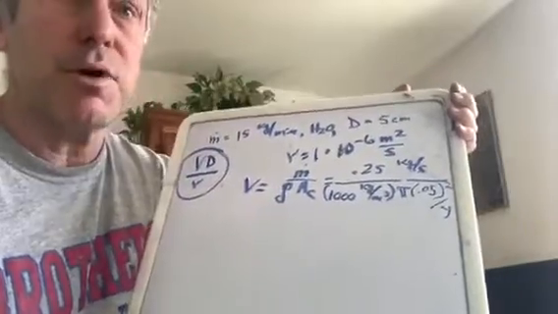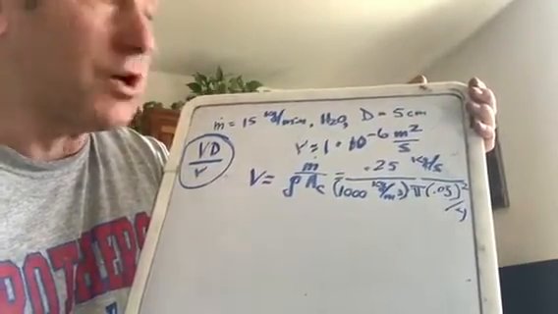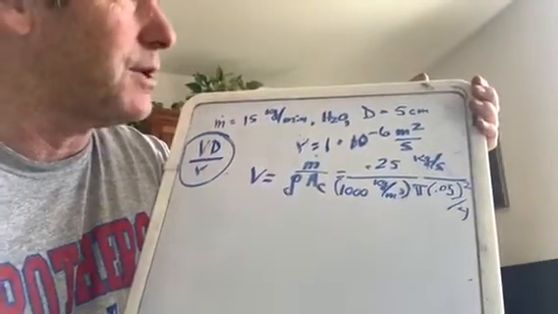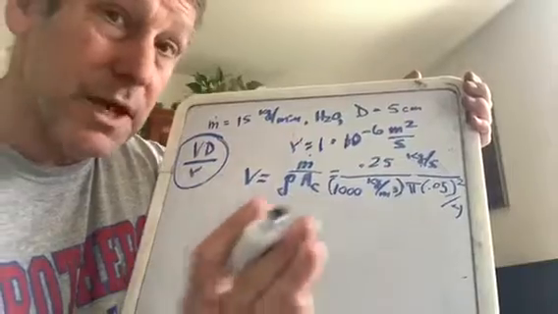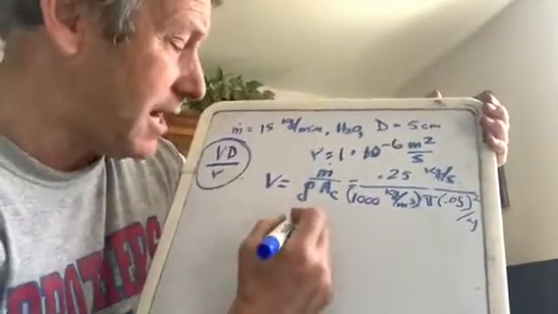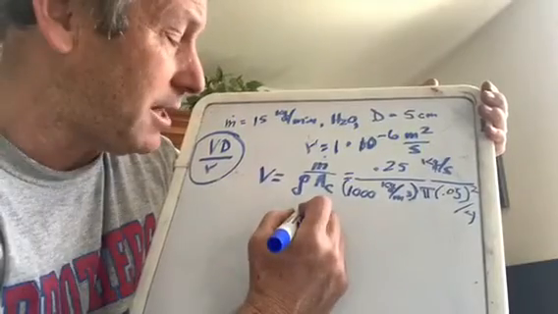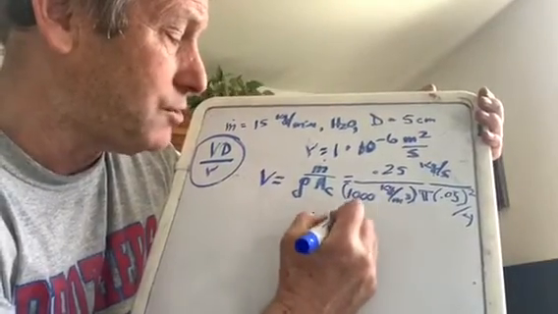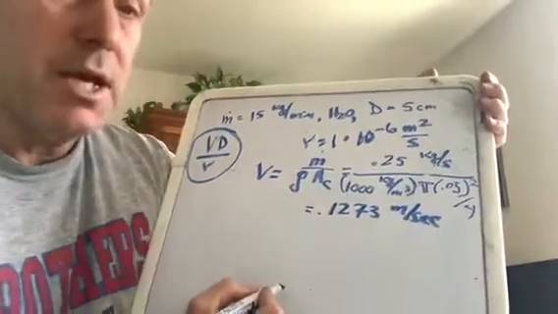And I get about 12.7 centimeters per second. So, 2.5 centimeters is about an inch, so about 5 inches per second. That water's not moving that fast. My inclination would be to say, hey, look, it's probably going to be laminar, but let me check. 0.1273 meters per second.